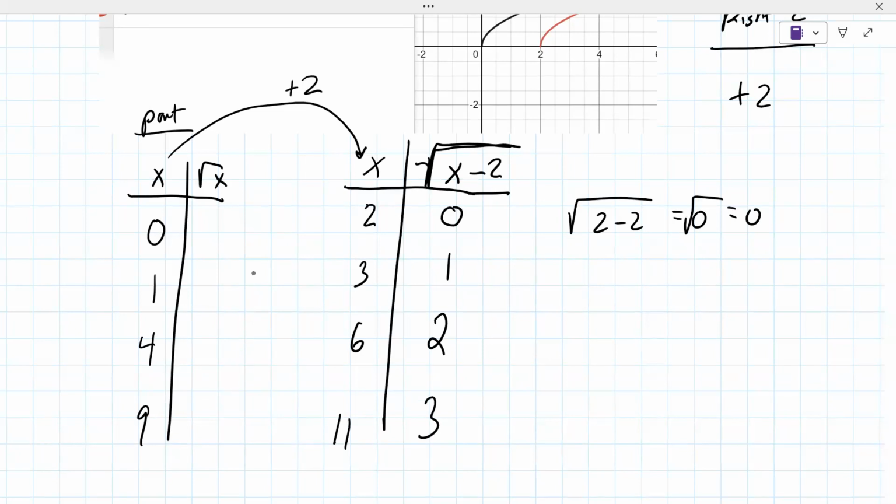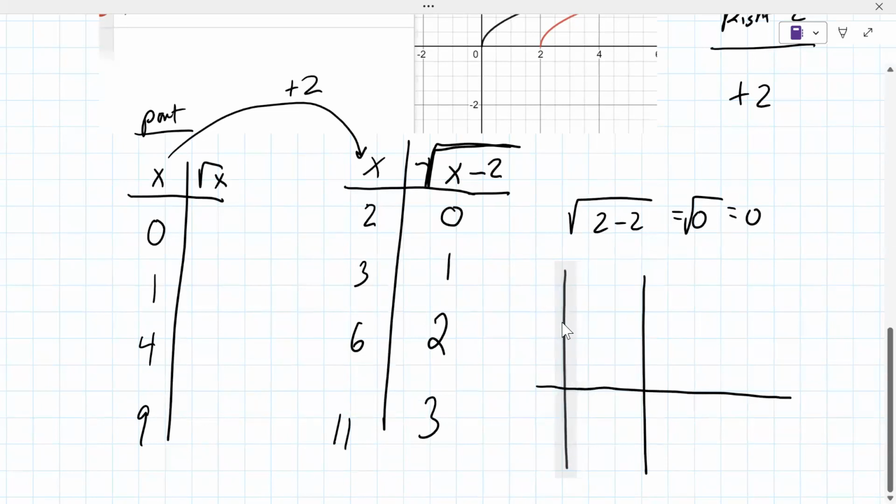All right. So if we were to graph this, sometimes we don't have enough room to graph. Just depends on what the axis looks like. But there are 2, 0, there's 3, 1, 6, 2, 11.